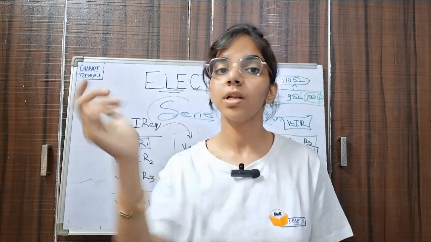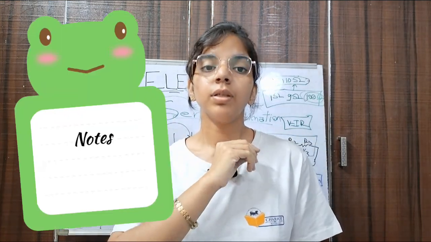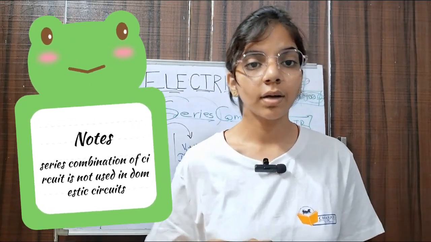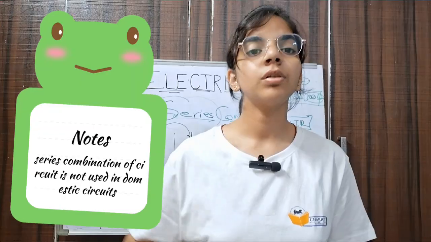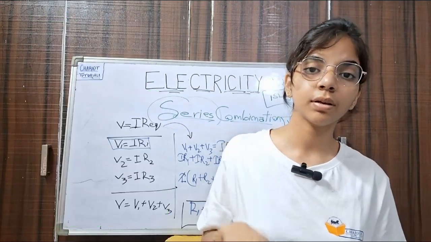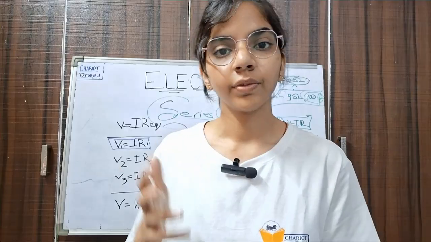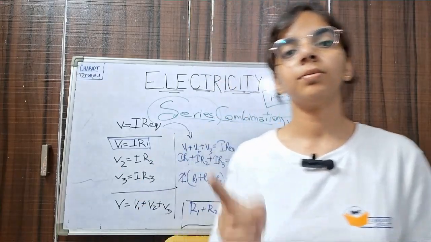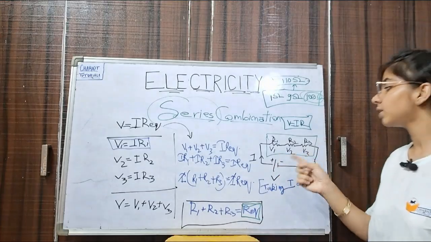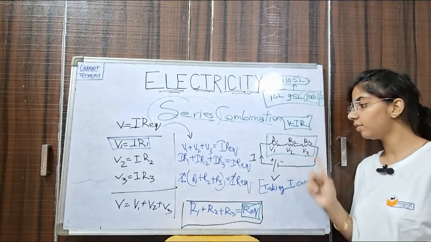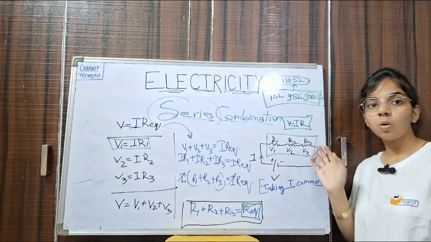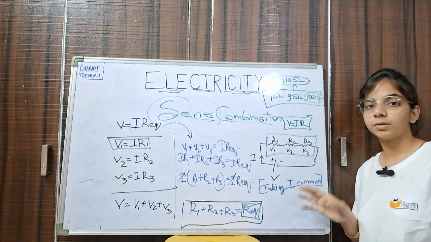So if we connect all our appliances through the series combination, the same current will flow, and this is not suitable. Maybe that amount of current is suitable for one device but not for the other. Also, one main problem of the series combination is that if any one of the devices or resistors breaks or fuses, the whole circuit is going to be damaged.